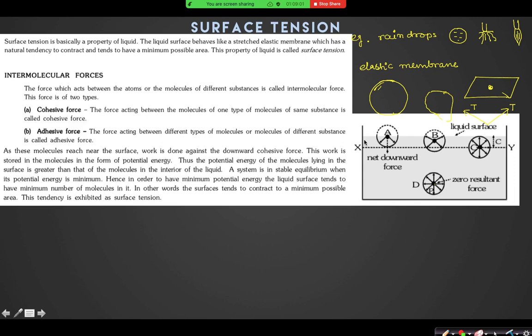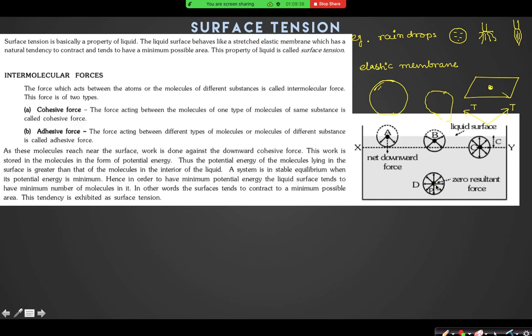Now if I increase the surface area, will the number of balls on the surface still be 20, or will it increase? It will increase, because a few balls that were at the bottom will now rise to the surface.